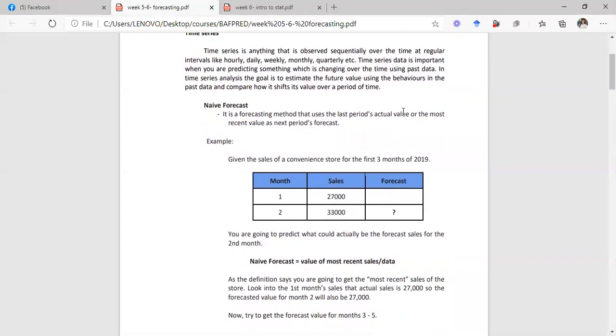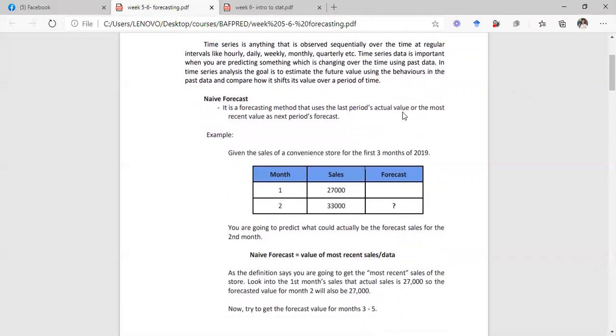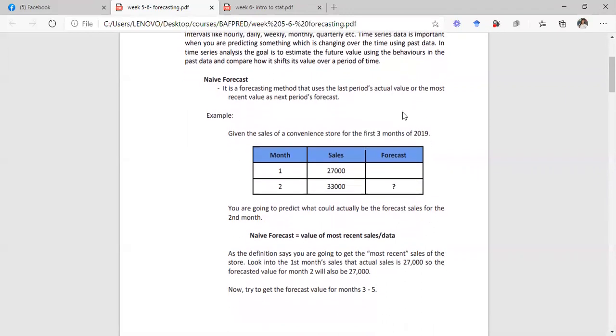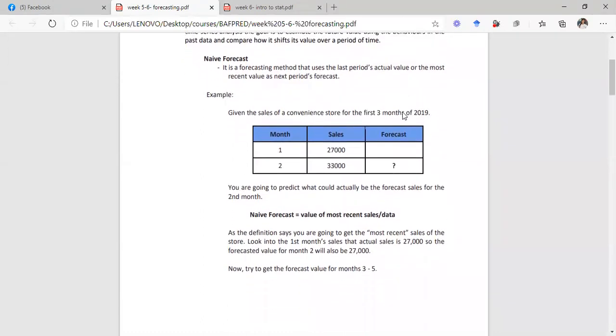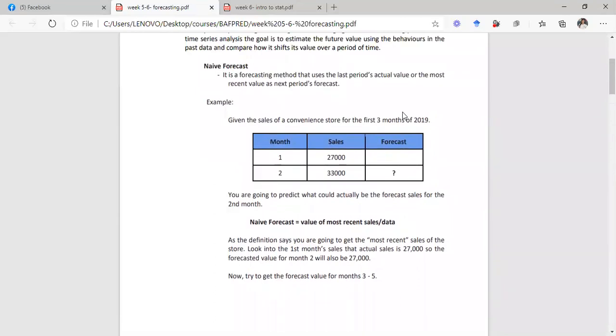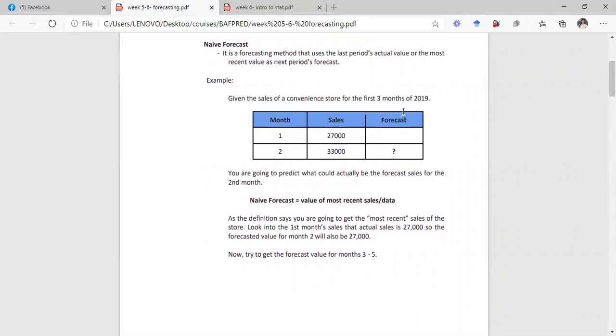Naive forecast under time series is a forecasting method that uses the last period's actual value, or the most recent value, as the next period forecast. This is an example of a naive forecast. So the formula in getting a naive forecast, class: you have to get the value of the most recent sales data.